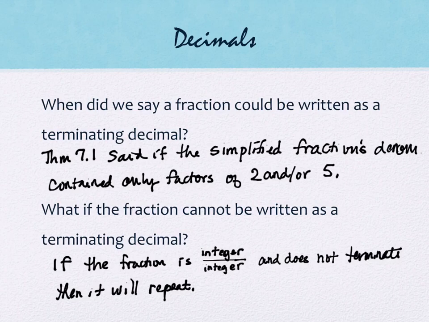So we're going to do one that has that property next, and identify the point at which it repeats and how we can see the point at which it's repeating quickly.